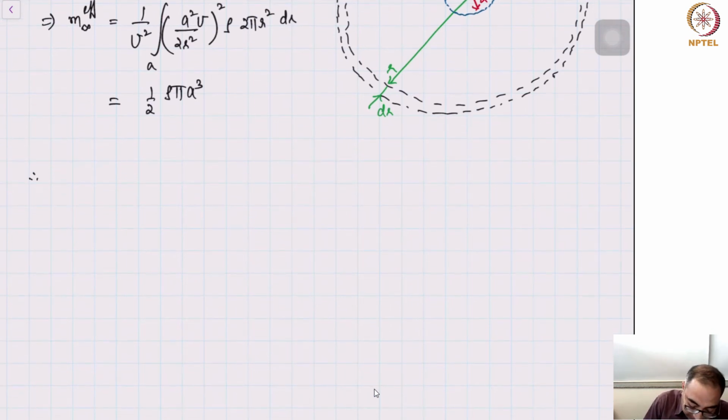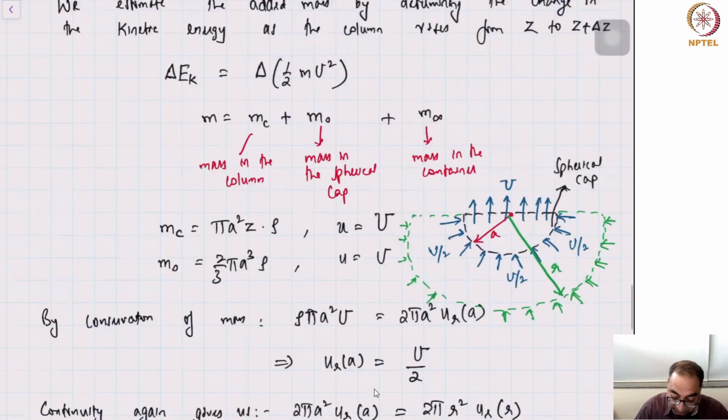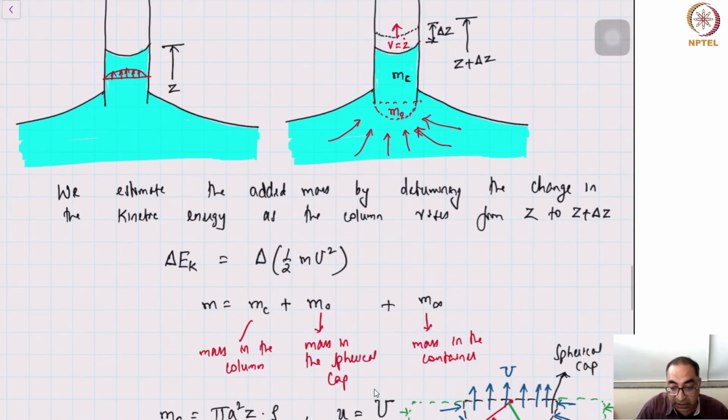Now, therefore, I can say the change in the kinetic energy delta Ek would be mc plus m naught plus m infinity. This m infinity is m infinity effective. The expression for delta Ek that we wrote down was delta of half m u square.